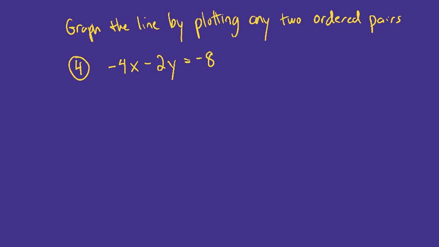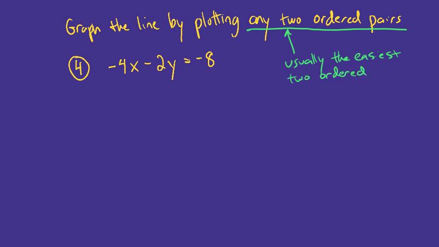Okay, graph the line by plotting any two ordered pairs. So slightly different instructions. And I'll say this, usually the easiest two ordered pairs to find are the x and y intercepts.